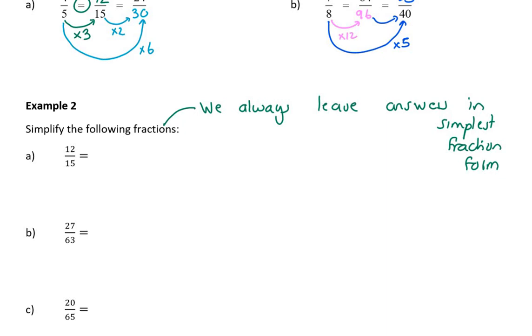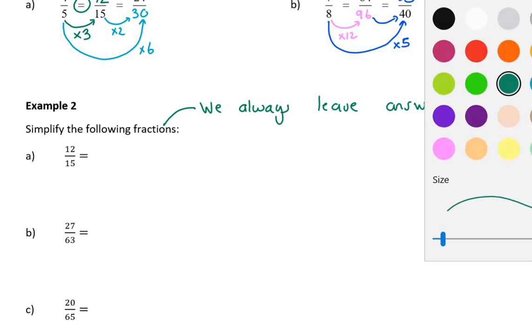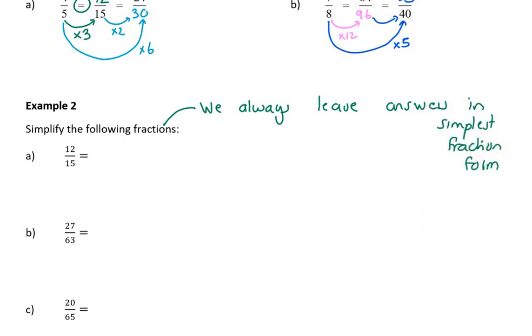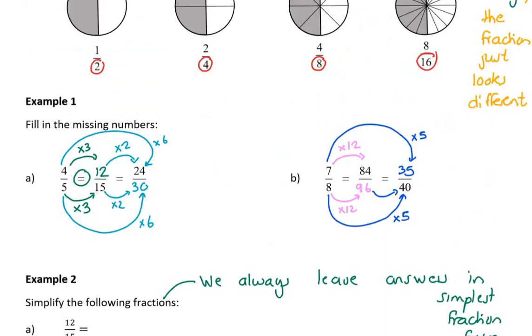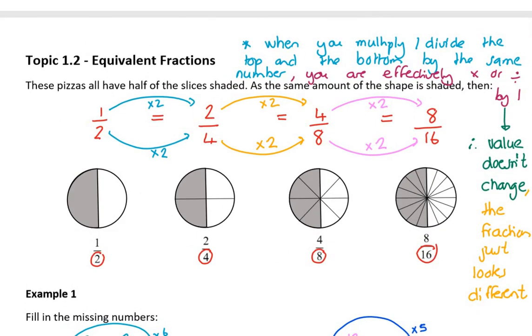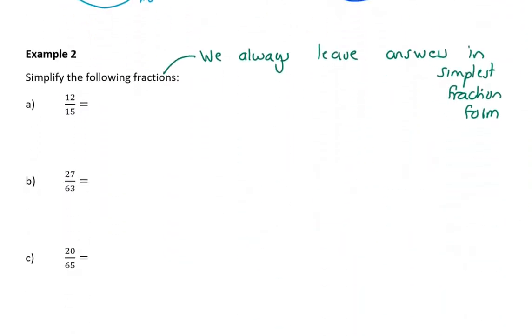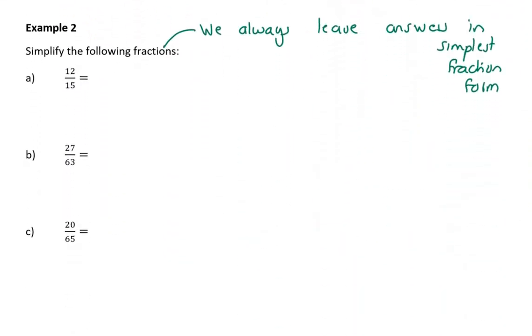Do remember that there's nothing wrong with an improper fraction. We prefer improper fractions, so I'm never going to be converting to a mixed number. So how do we simplify the following? Well, we said here that when you multiply or divide the top and bottom by the same number, we're going to be dividing the top and bottom by the same number simply because we want to write this as the simplest fraction.